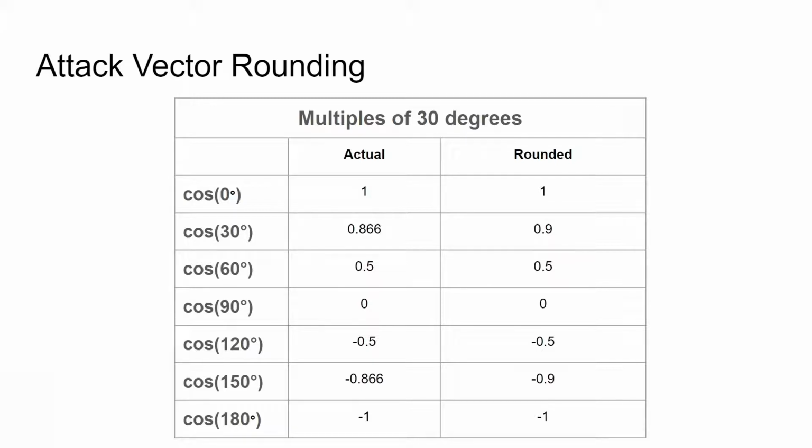This makes doing cosines extremely simple, because the cosine of 0 degrees is simply 1, cosine of 90 degrees is 0, cosine of 60 is 1/2 or 0.5, and the cosine of 30 degrees is 0.866, and so on, but we simply round that to 0.9 to make life easy for us.